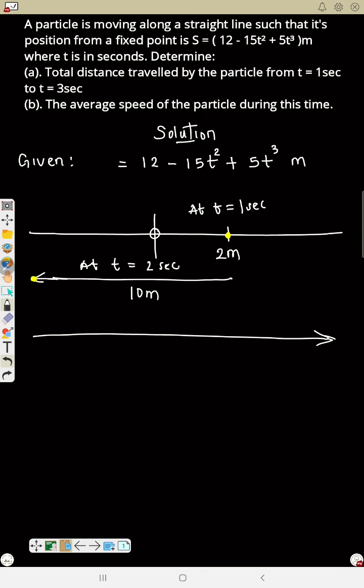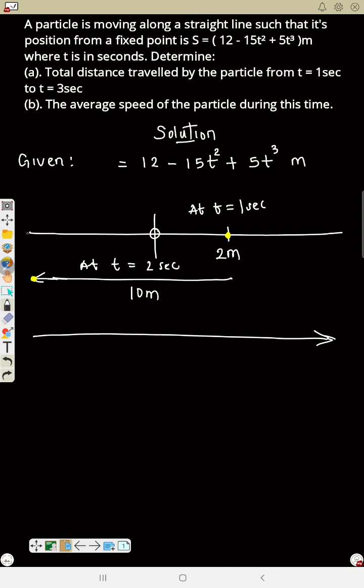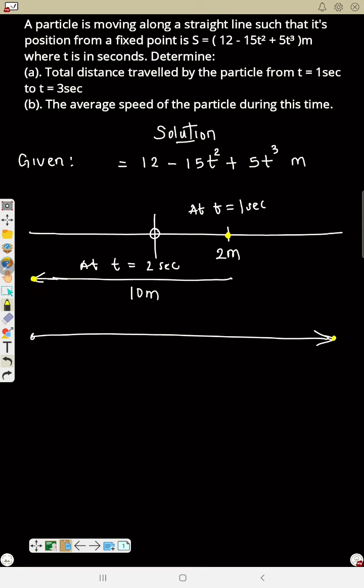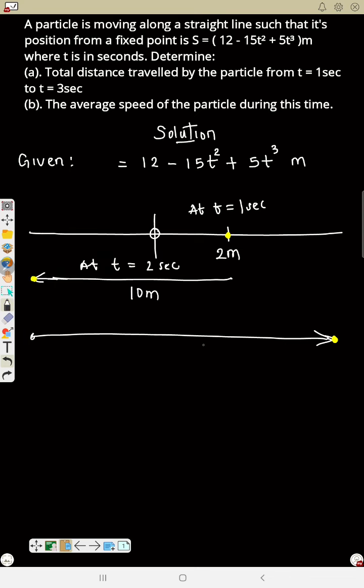Everything here is not changing direction, everything still happens on a straight line. Because in our question we have a path like this, the object is moving along that path, but distance is just from one point to another. So we are calculating everything as happening on a straight line. From here again to this final position, it has covered 20 meter.